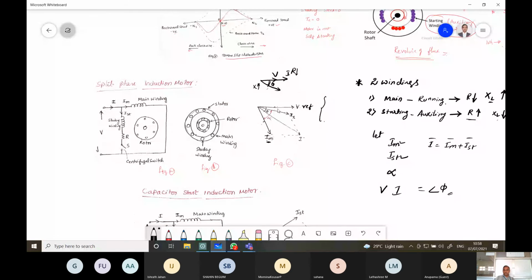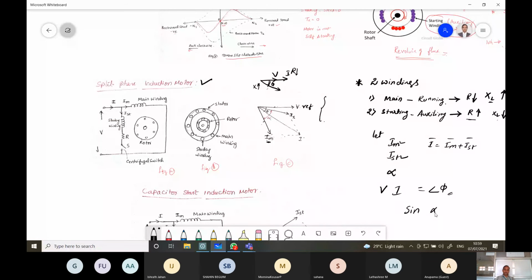One is a large angle, one is a small angle. The phase angle between Is and Im is represented as alpha. Here the two phases are split, hence it is called a split phase induction motor.